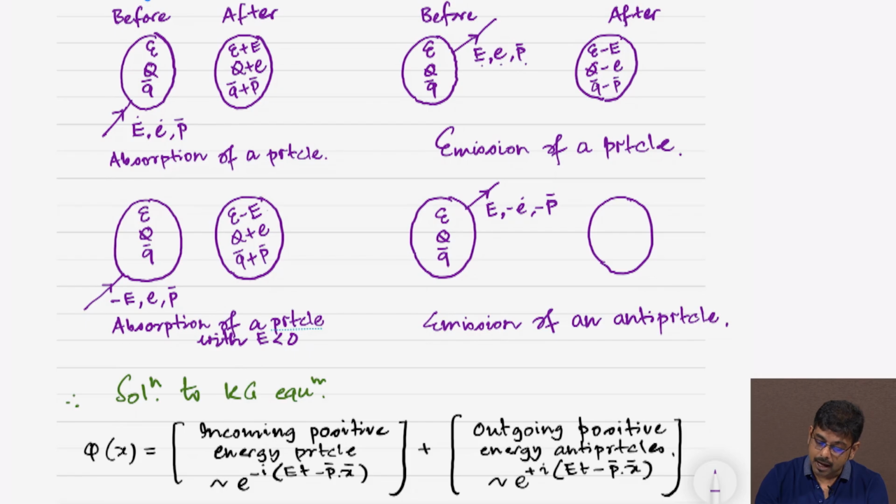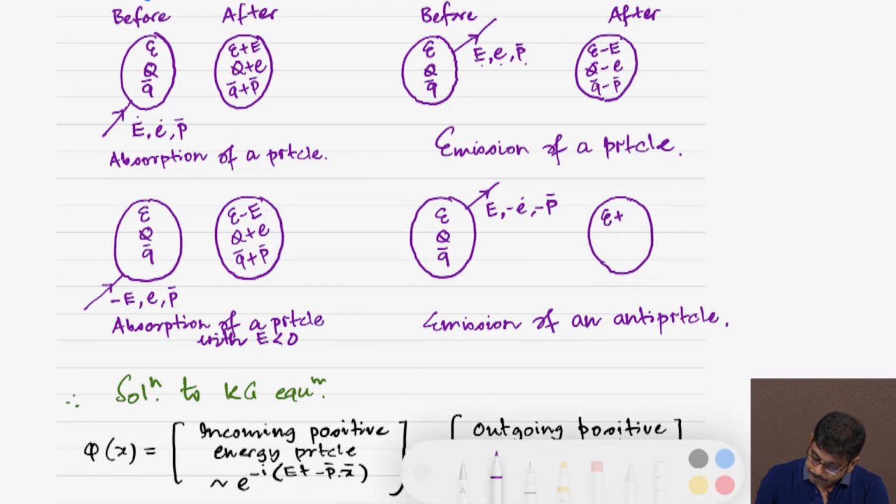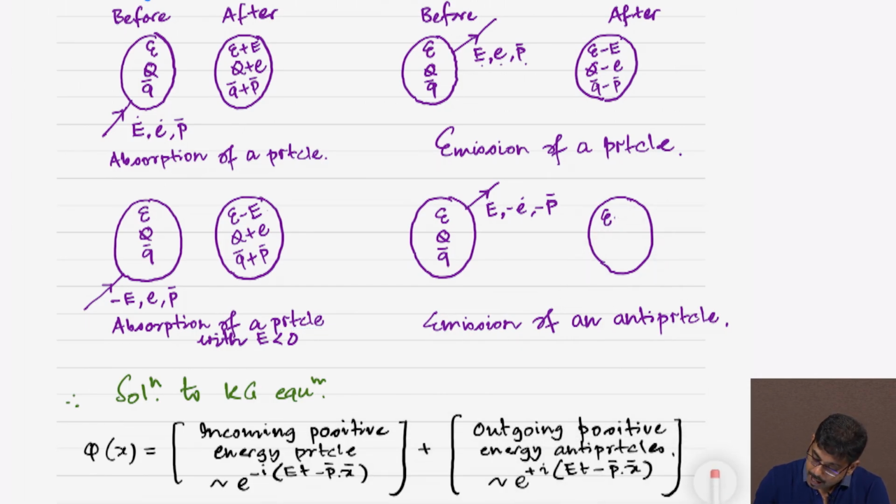What does the system become after it emits such an antiparticle? The energy becomes E minus epsilon, right? The electromagnetic charge, because you are emitting a minus e charge particle, becomes Q plus e, and once again the momentum becomes q plus p.